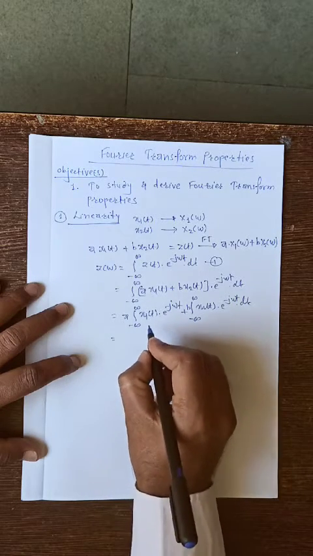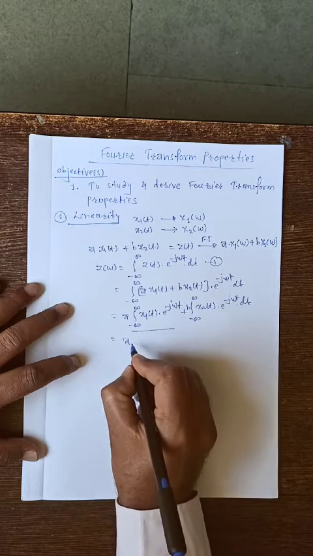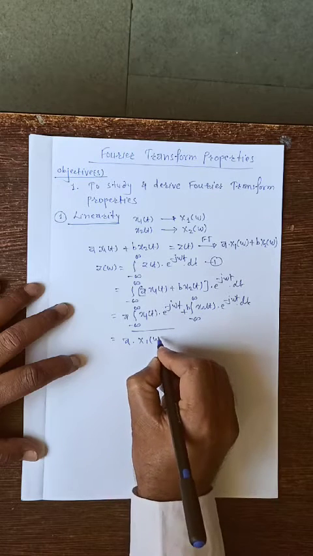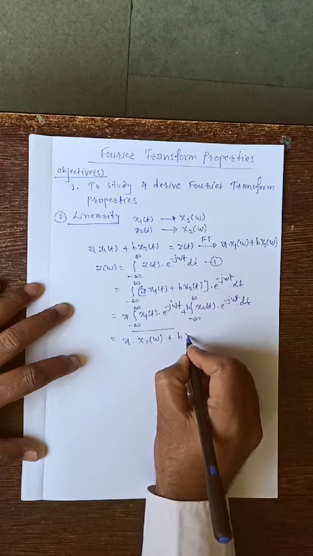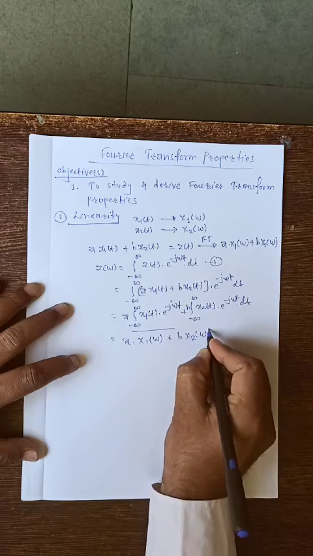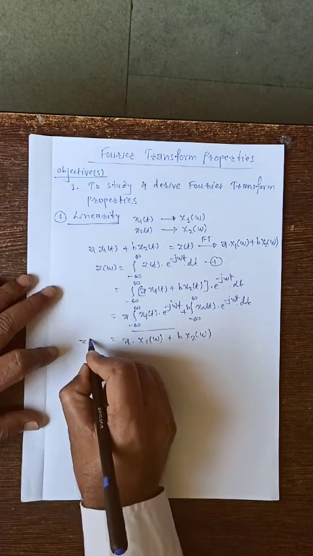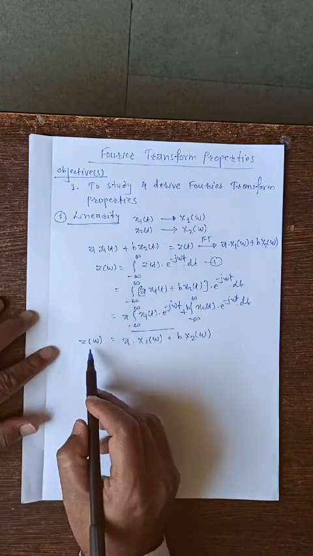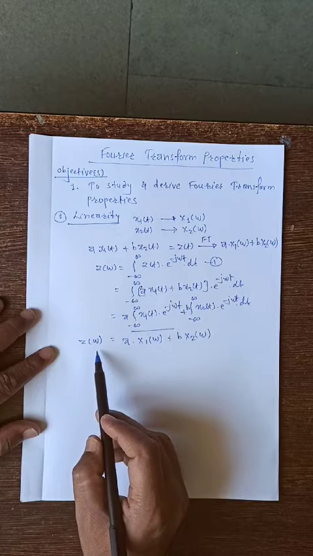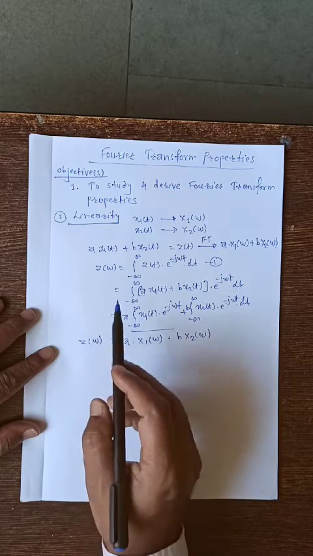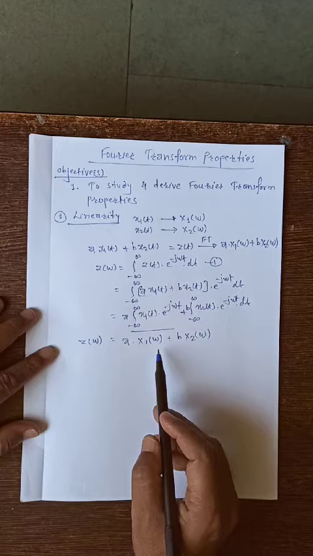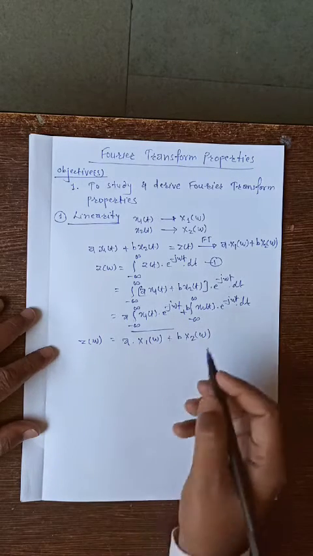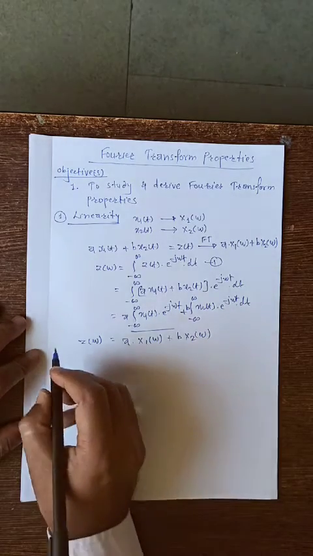That is equal to a X1(omega) plus b X2(omega). So Z(omega) is the Fourier transform of the linear combination of inputs, equal to a X1(omega) plus b X2(omega). This is property number 1, the linearity property.